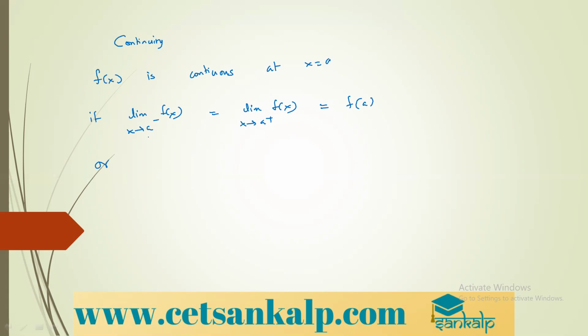Or in other words, we can combine these two and write limit of f of x as x approaches a is equal to f of a. This also can be a condition for continuity. Then we can say that the function is continuous.